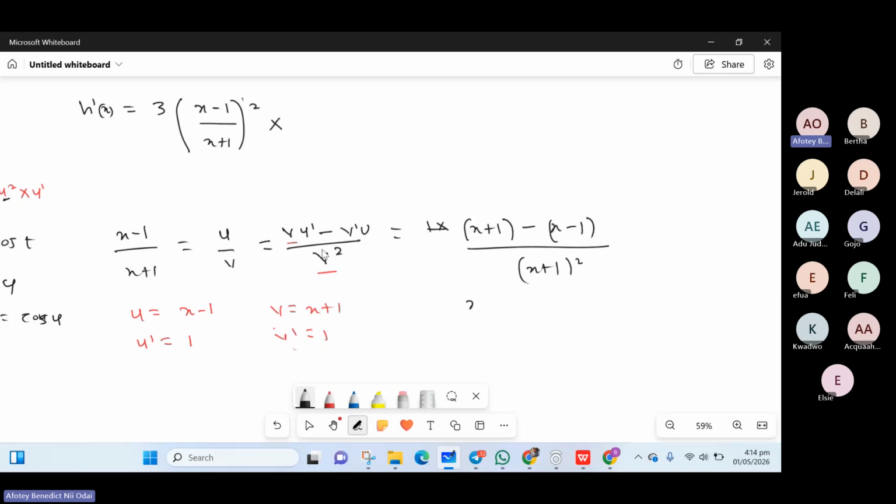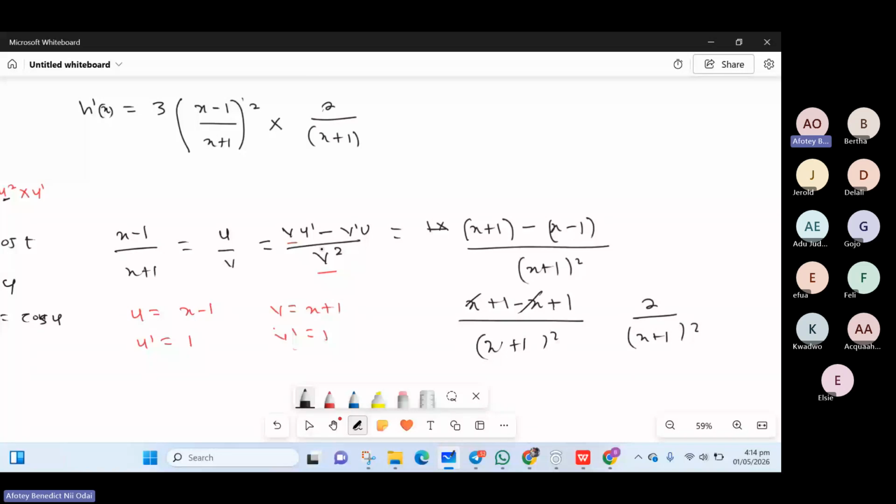Okay, so we have x plus 1 minus x plus 1, all on x plus 1, everything is squared. X cancels out and we get 2 on x plus 1, everything squared, right? So what you've done here basically is the differential of this. So we come here and multiply everything by 2 on x plus 1.